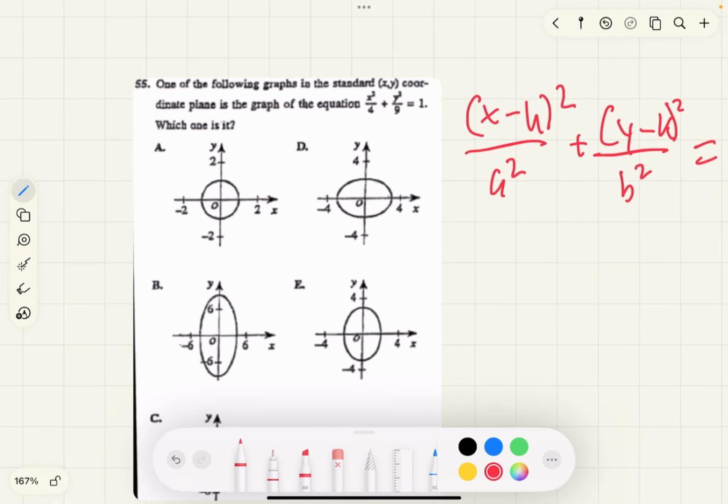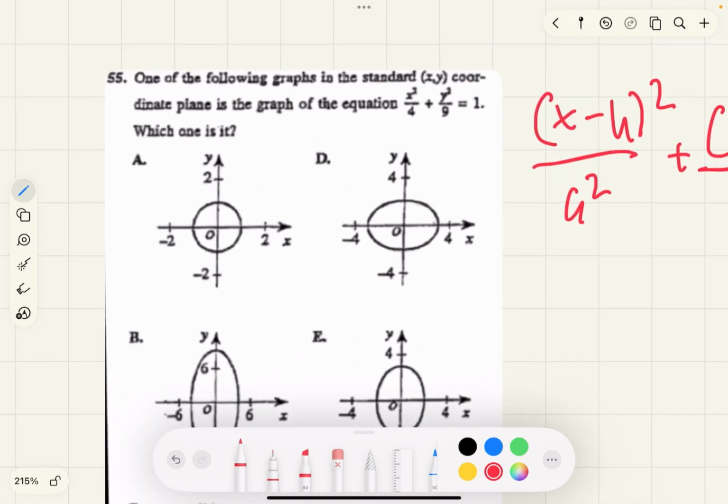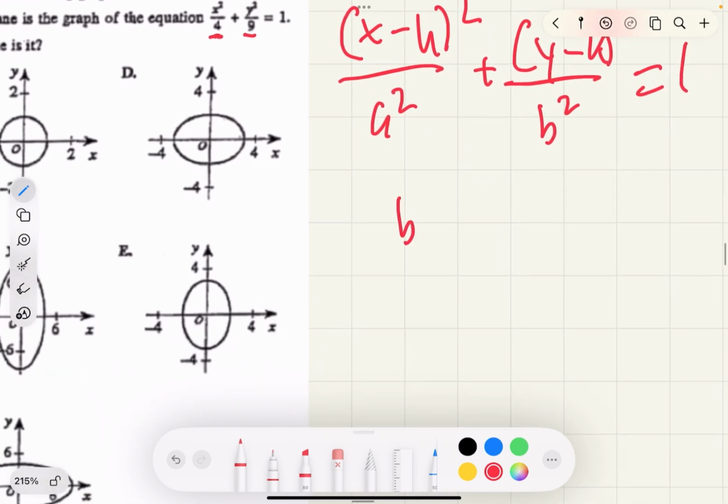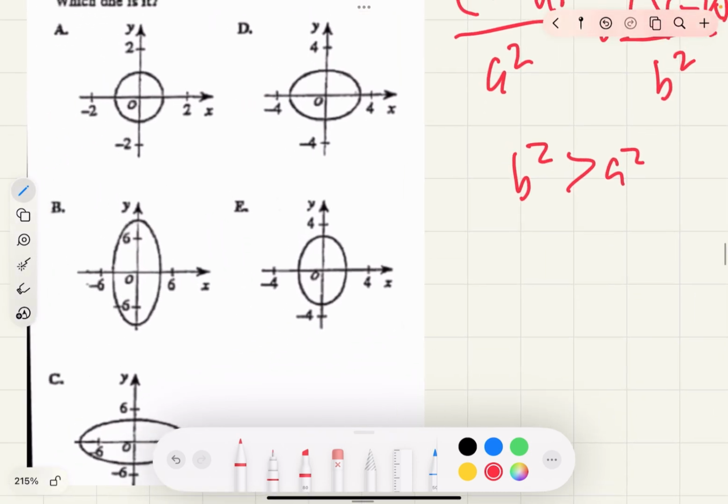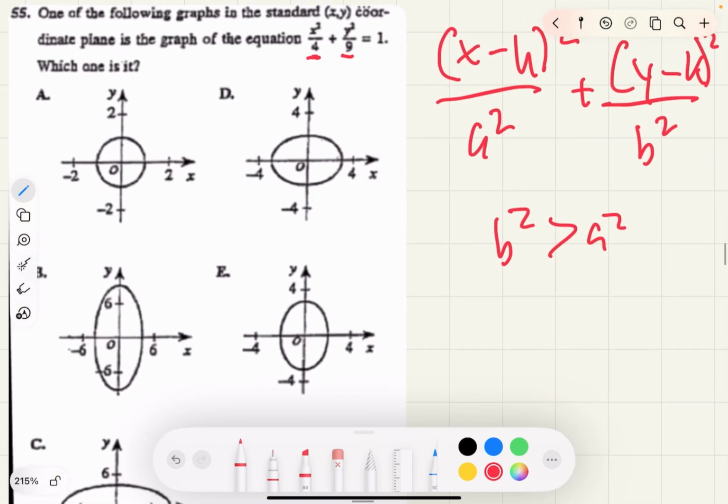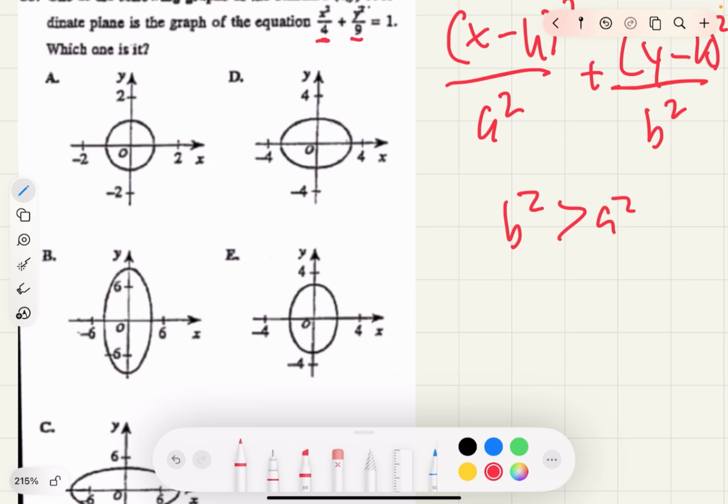If we go right here, we see that it's going to be a vertically stretched ellipse right off the bat. The reason we can see that is that the value of b squared is bigger than the value of a squared, right? So b squared is bigger than a squared, and we know it's going to be a vertically stretched ellipse. Now it's important to determine which answer choice it is.